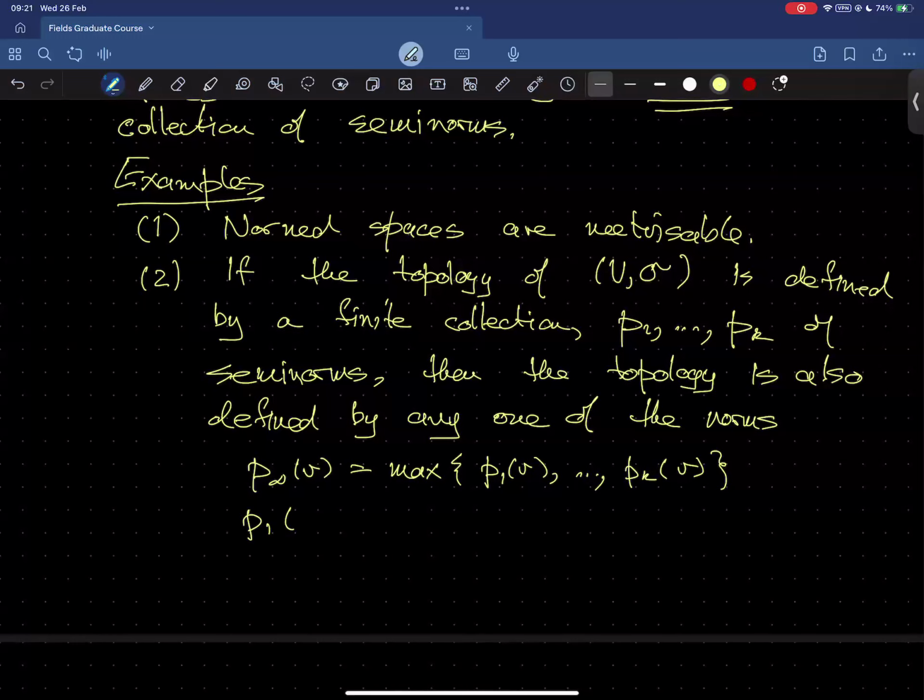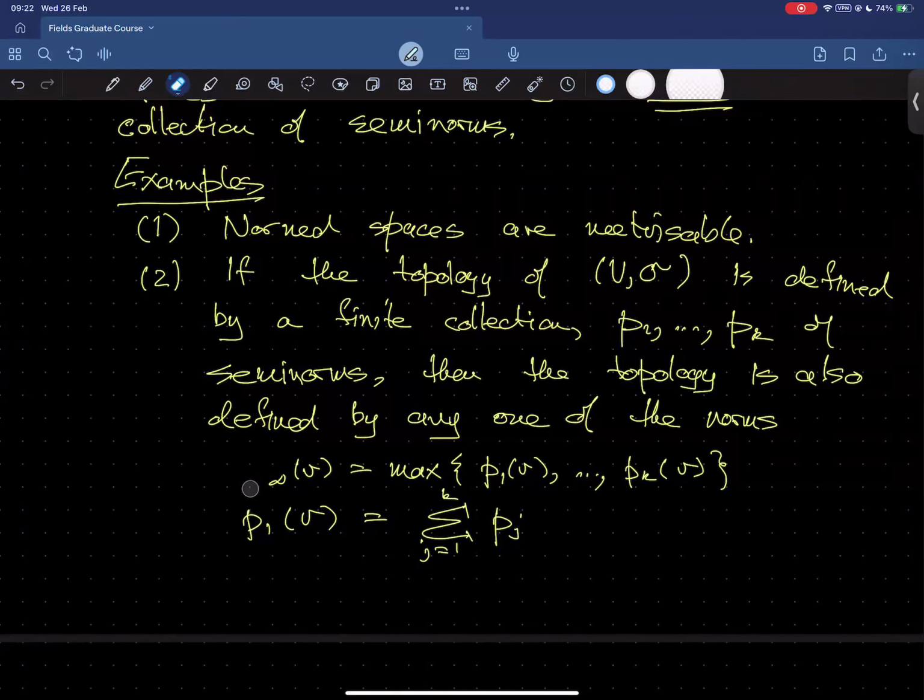You could also take the sum over J equals 1 to K of PJ of V. Let me call these ones Q so they don't coincide with the P's that I already have. So Q infinity and Q1.